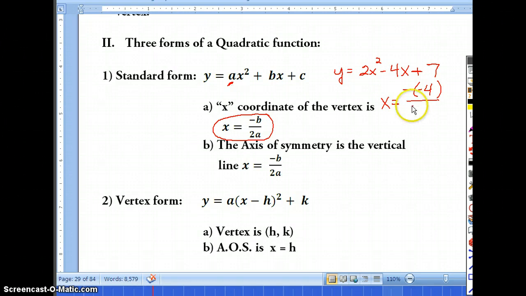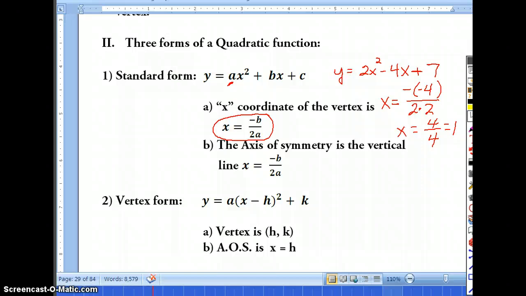So when you multiply 2 times 2 in the denominator, now you end up getting minus a negative is 4, and 2 times 2 is 4. The x-coordinate of your vertex is 1. That's how you find the x-coordinate for your vertex in this form.